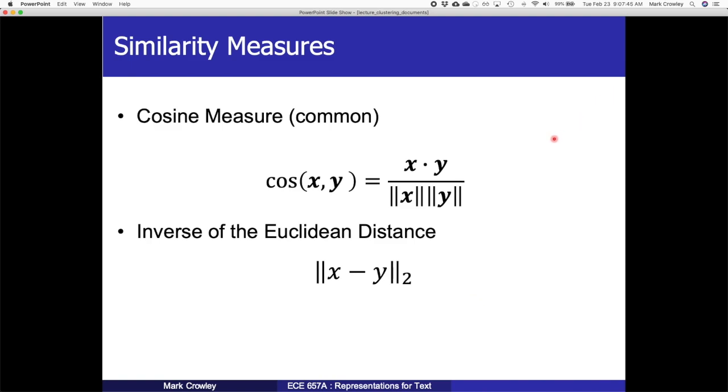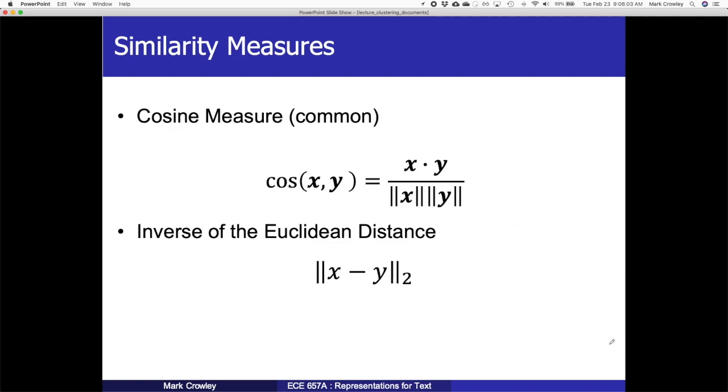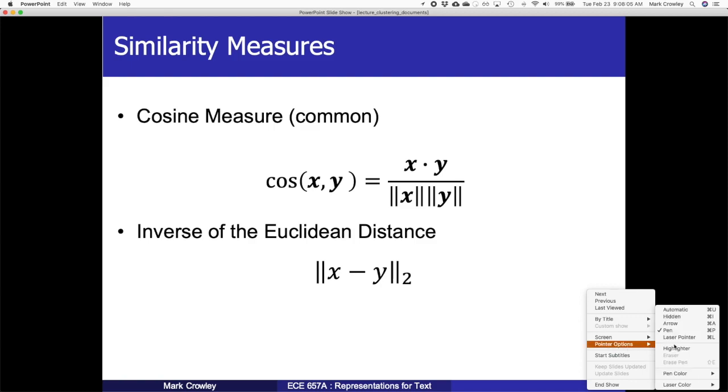Another one that's very useful for text is basically the angle or the cosine distance. So people use different forms of this. Essentially, the dot product itself, right? I did figure out how to use the pen on PowerPoint yesterday.